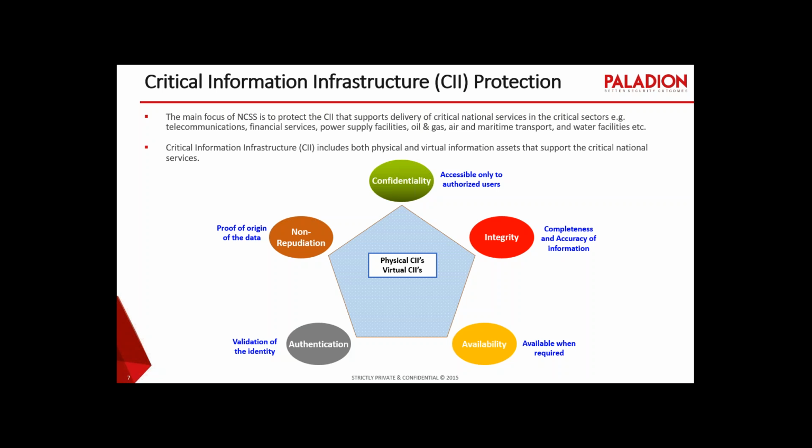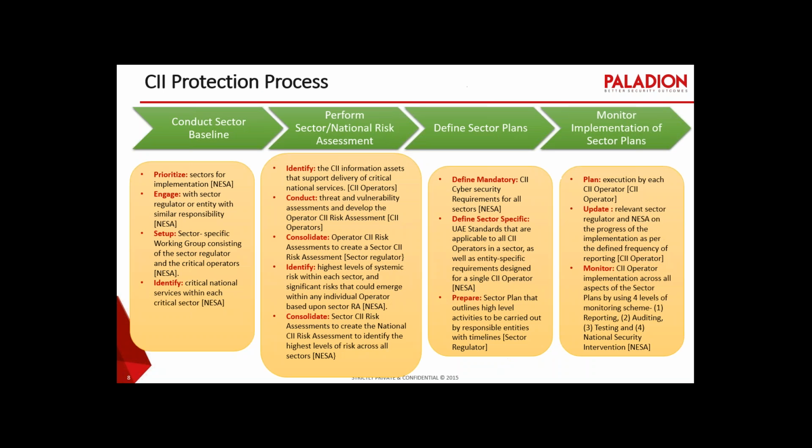These critical information assets, in short form, are called CII in various standards by NESA, and these are the CIIs which support the critical national services being provided by these critical sectors across UAE. To secure these CIIs, NESA has put forth a 4-step process. These 4 steps consist of conducting a sector baseline.